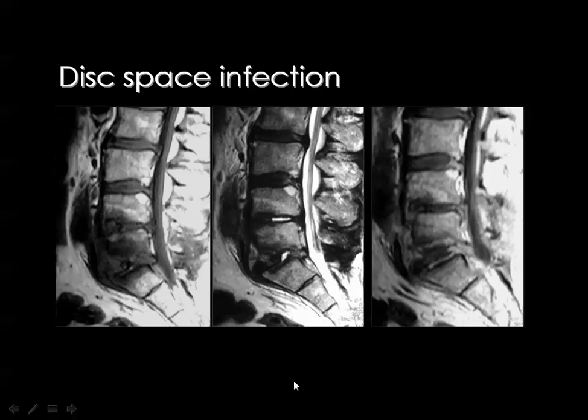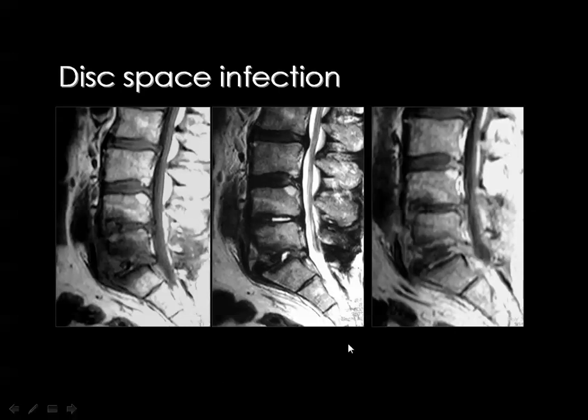Then, whenever the disc is inflamed and you get relative narrowing of the disc space and bone marrow edema of the opposing vertebral end plates, in the T2 weighted image you will see very bright signal, the signal of fluid inside the disc substance. And here you can see two levels of discitis or disc space infection at L4-5 and L5-S1.